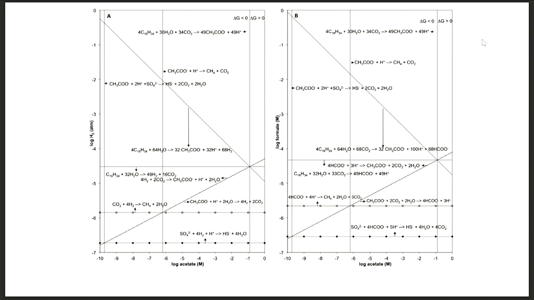And then you have your conversion of acetate into methane. That's favorable if the acetate concentration is lower than this, and the hydrogen concentration is above this. So this way you can construct which combination of hydrogen and acetate concentrations you need for a syntrophic consortium.